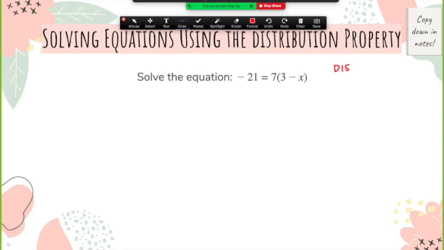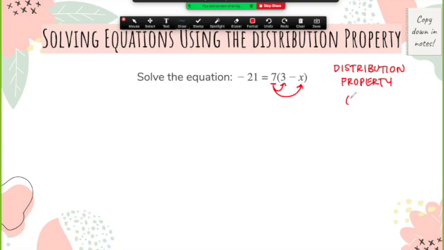So I'll just write down that this is the distribution property. What the distribution property is, if we have a number right here, we can multiply that number with the 3 and also with the negative x.